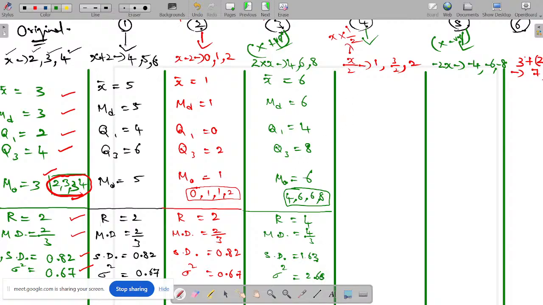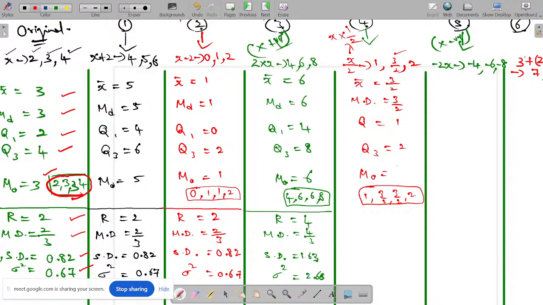Fourth case over means kindly give me the value. 1.5 or 3 by 2. Okay. Median, quartile 1, quartile 3, mode. So you might have got 1, 3 by 2, 3 by 2 and 2. Okay.